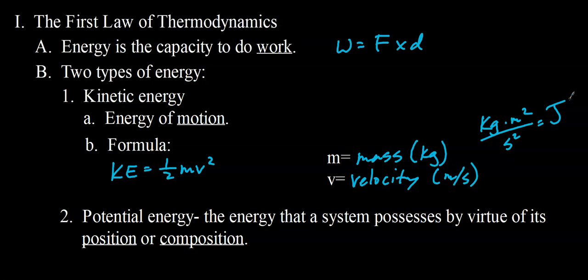If those particles are at a certain distance from each other, so they're not touching but they're separated by a certain distance, then they possess a certain amount of potential energy. So attracting bodies that are not touching possess potential energy. By composition, mainly we mean that energy is stored in chemical bonds, and so that's what's meant by virtue of its composition.